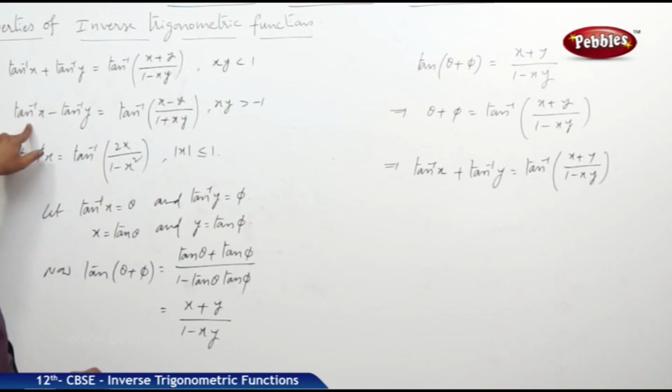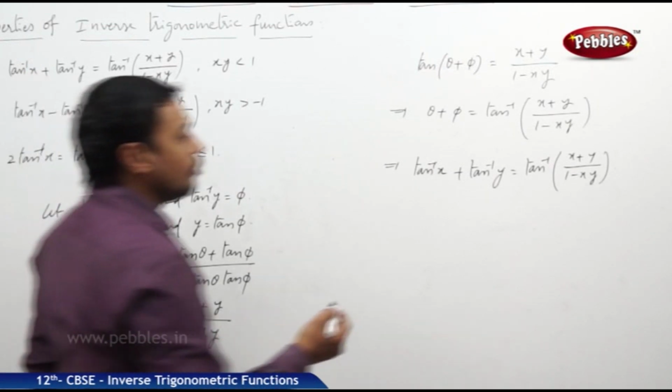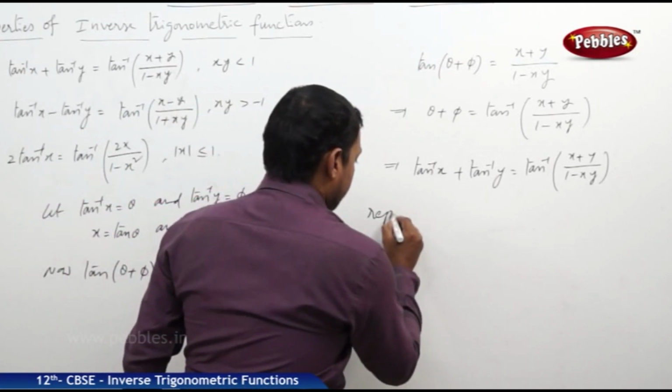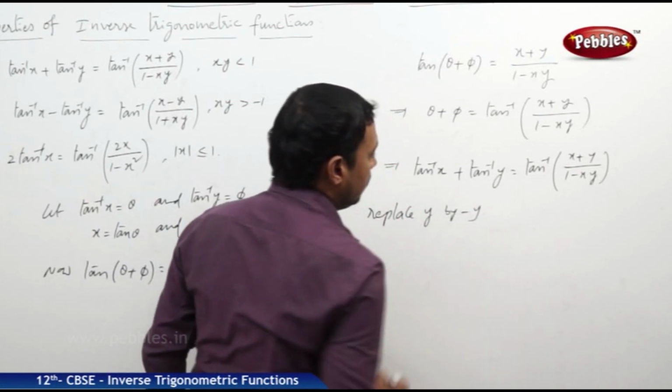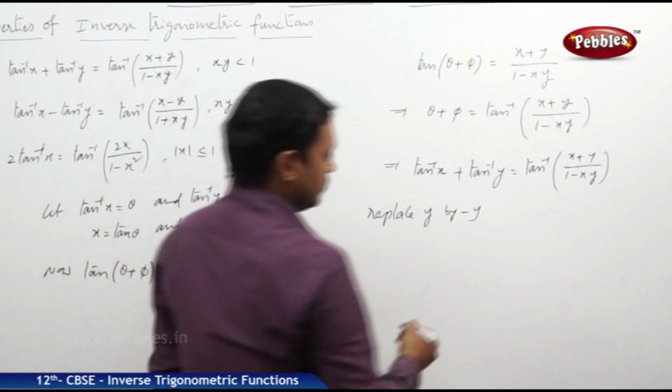For the second property, we can get it from the first one by replacing y by minus y in the above property.